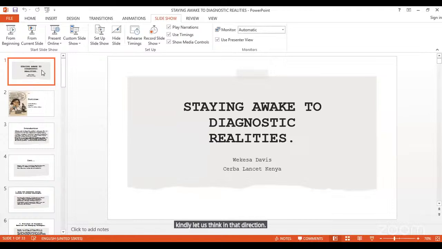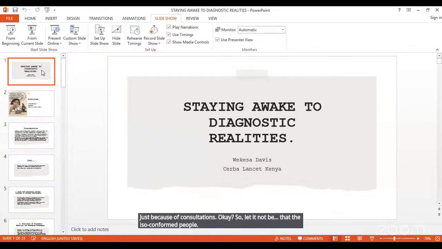But colleagues, this is what is happening in our clinical settings. For those of us who are in ISO, we receive over 100 calls per day just because of consultations. Okay? So let it not be that the ISO conformed people are the ones doing this.